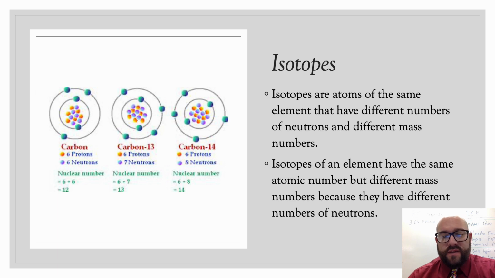Unlike C-12 and C-13, this isotope is unstable and radioactive. Over time, a carbon-14 atom will decay into a stable product. Isotopes of an element have the same atomic number, but different mass numbers, because they have different numbers of neutrons.